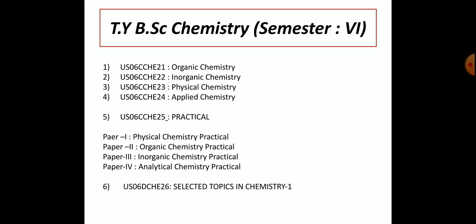Paper 5 is divided into 4 parts. Paper 1 is physical chemistry practical. Paper 2 is organic chemistry practical. Paper 3 is inorganic chemistry practical. And paper 4 is analytical chemistry practical.